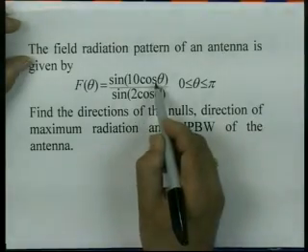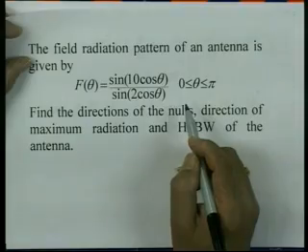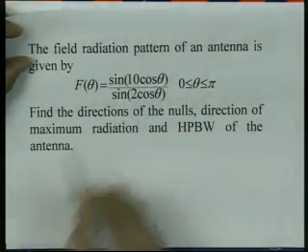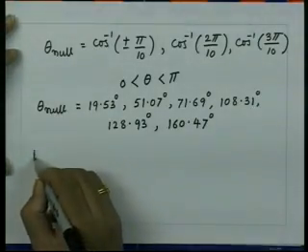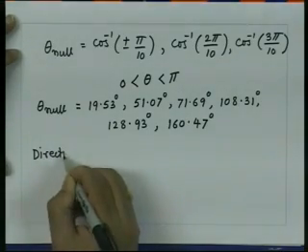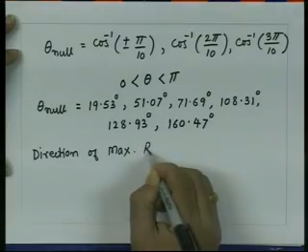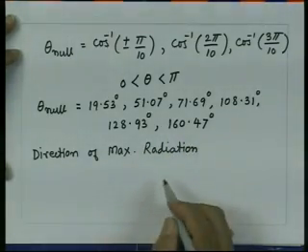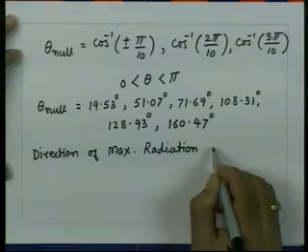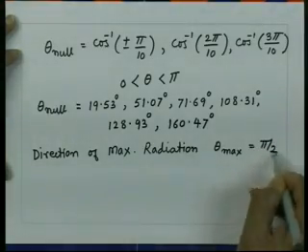So we may get a null corresponding to theta equal to pi by 2 here, but that does not represent a null because the denominator also goes to 0, and then that direction essentially is the direction of maximum radiation. So the direction of maximum radiation, theta max, is equal to pi by 2.